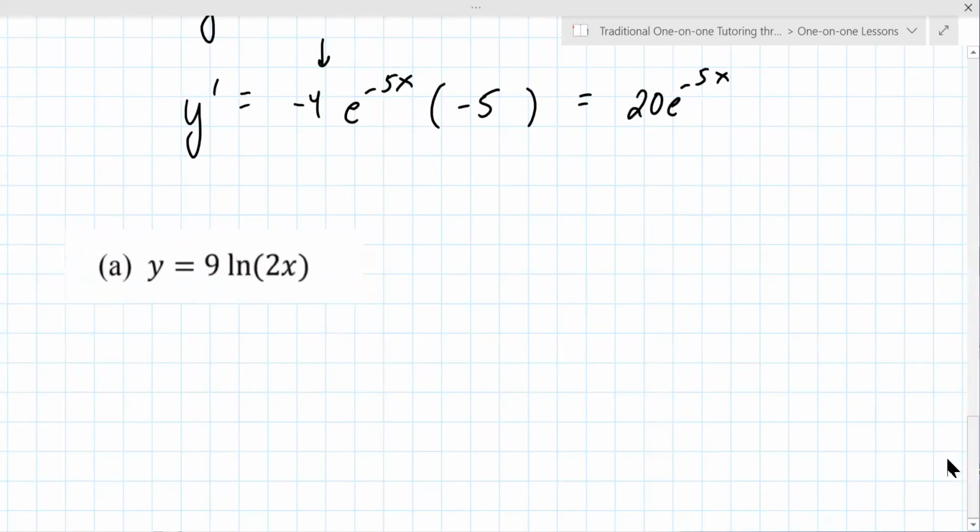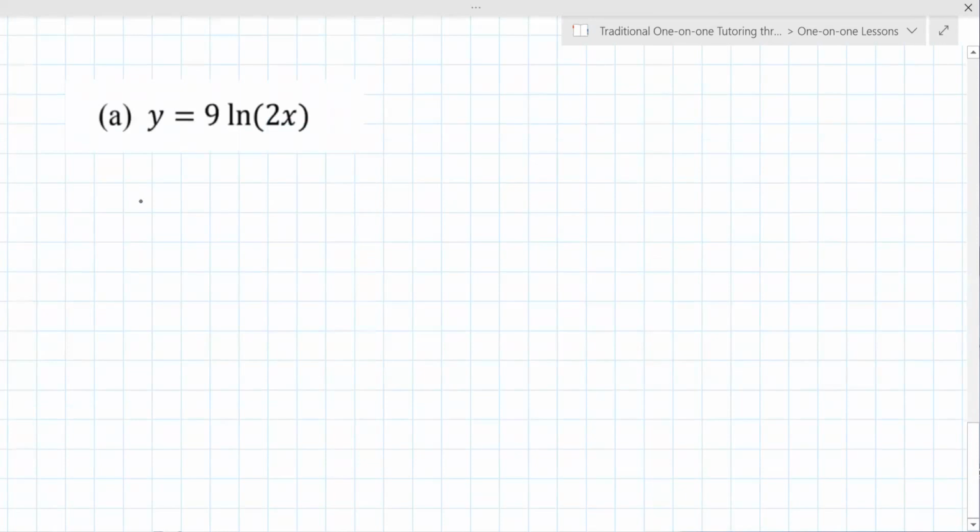All right, so letter A here. It's similar to the last one. The 9 comes with it. Whenever you have a constant out in front, it just comes with it. The derivative of natural log of u, where u means whatever's inside the parentheses, is 1 over u times u prime. That's the chain rule part.